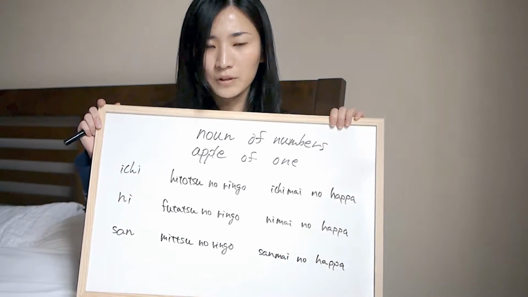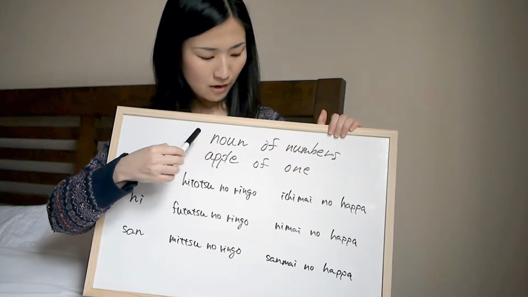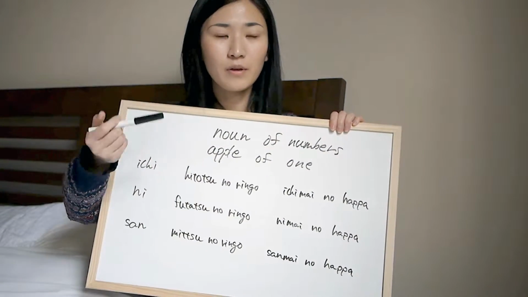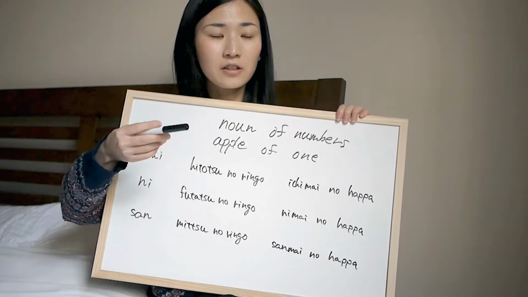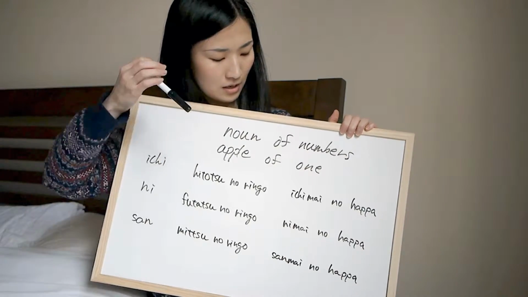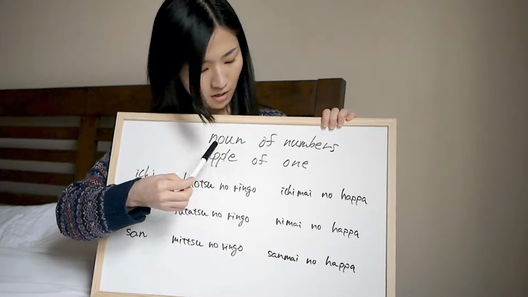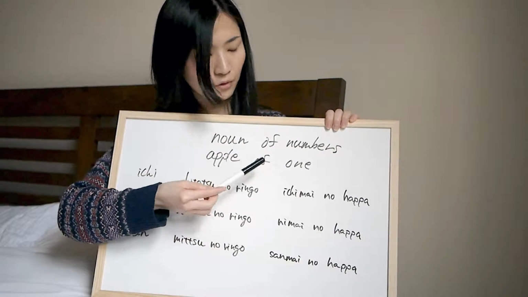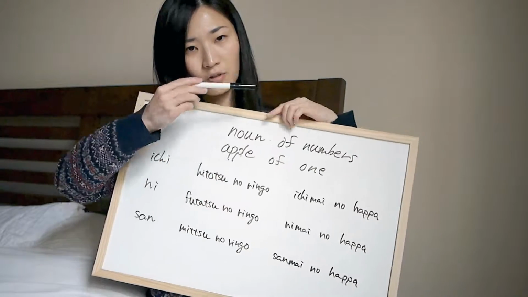This is an example in Japanese. So first of all, how we say numbers plus nouns. In English it would be number plus noun, but in Japanese it would be like this: noun of numbers. So we would say apple of one, meaning an apple, because in Japanese the order goes opposite.